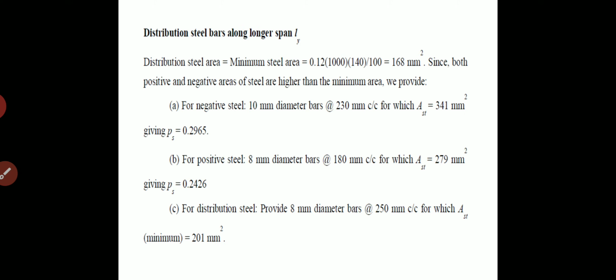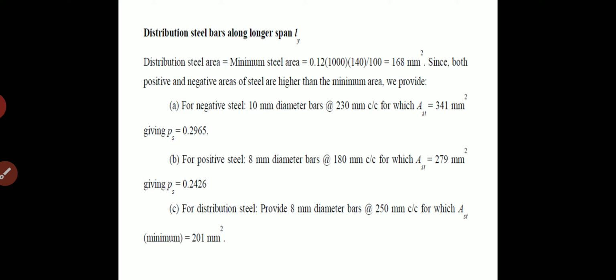Distribution steel bars along longer span Y. Distribution steel area equal to minimum steel area. For minimum steel area, the formula is 0.12 into bD upon 100.